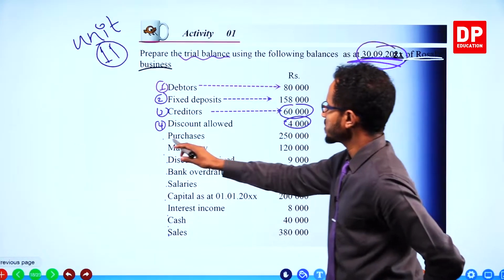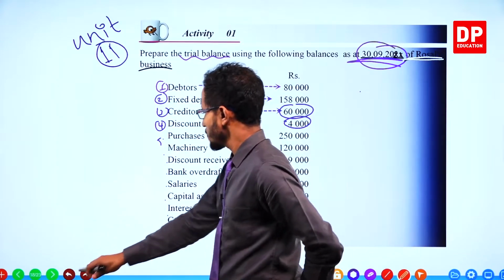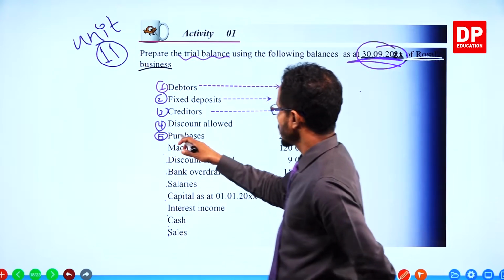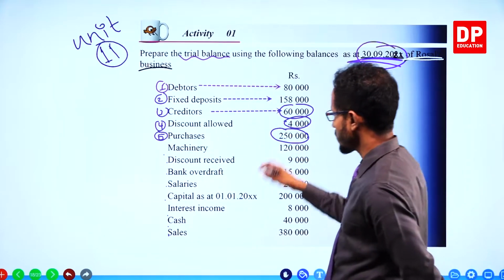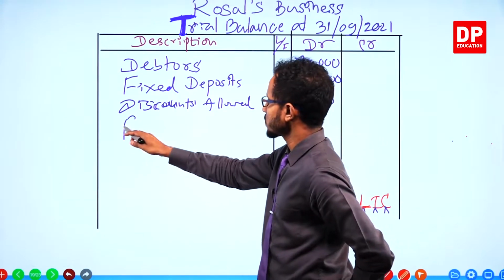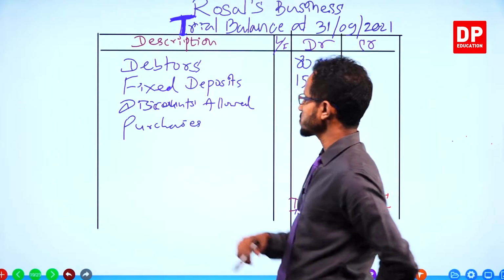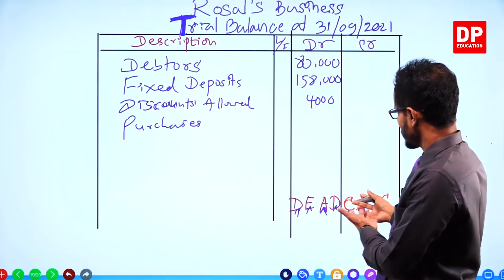Purchases is the next item. We have 250,000. Purchases 250,000. Which side? First, let's write purchases here. Is it a liability?